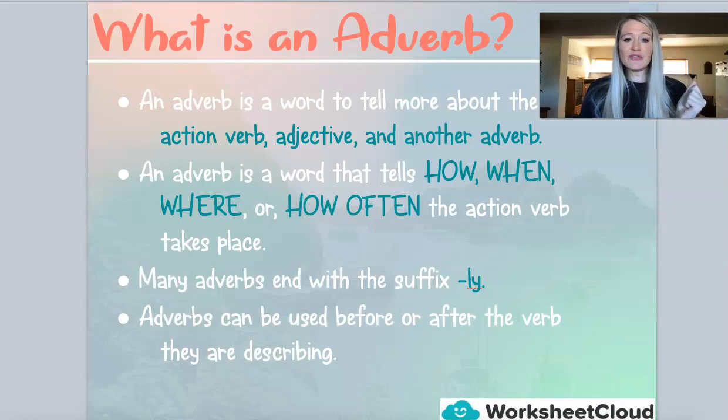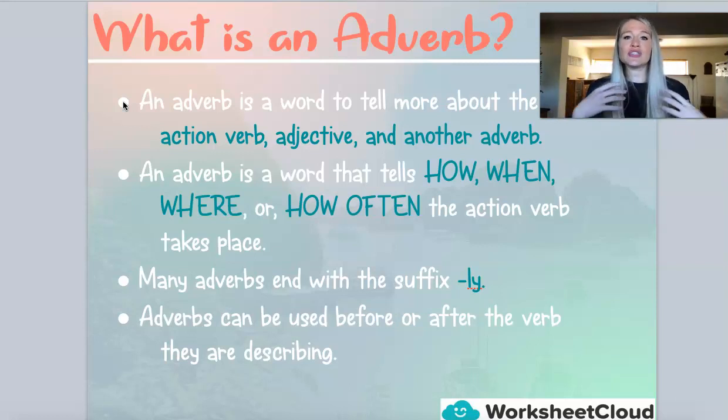So, first of all, before we begin, we need to just go through exactly again what is an adverb. An adverb is a word that tells us more about the action verb, adjective, and another adverb. So, it gives us a little bit more detail.